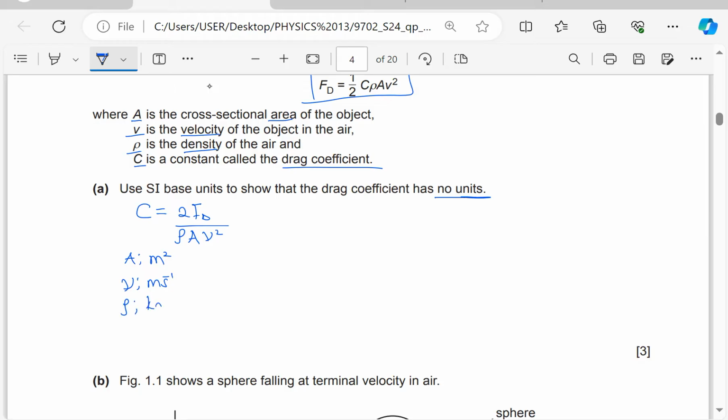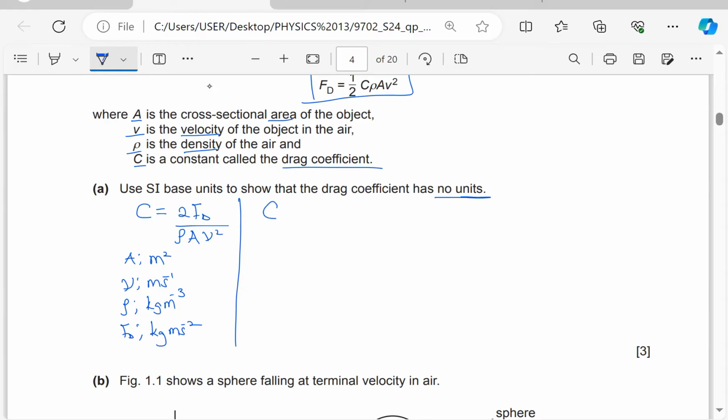Density is kilograms per meters cubed. And then Fd, which is the drag force, is, of course, force is mass times acceleration, where mass is kilograms and acceleration is meters per second squared. So those are the units for the drag force.